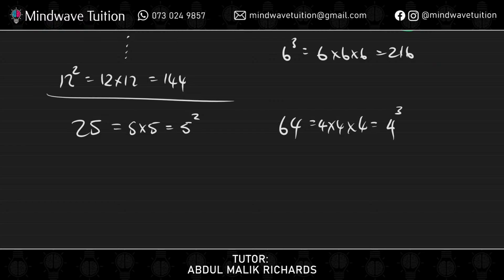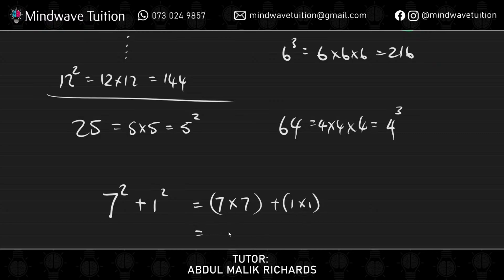Now with exponents we can obviously do some calculations as well. So something like 7 squared plus 1 squared, and 7 squared would be 7 times 7, and 1 squared would be 1 times 1.